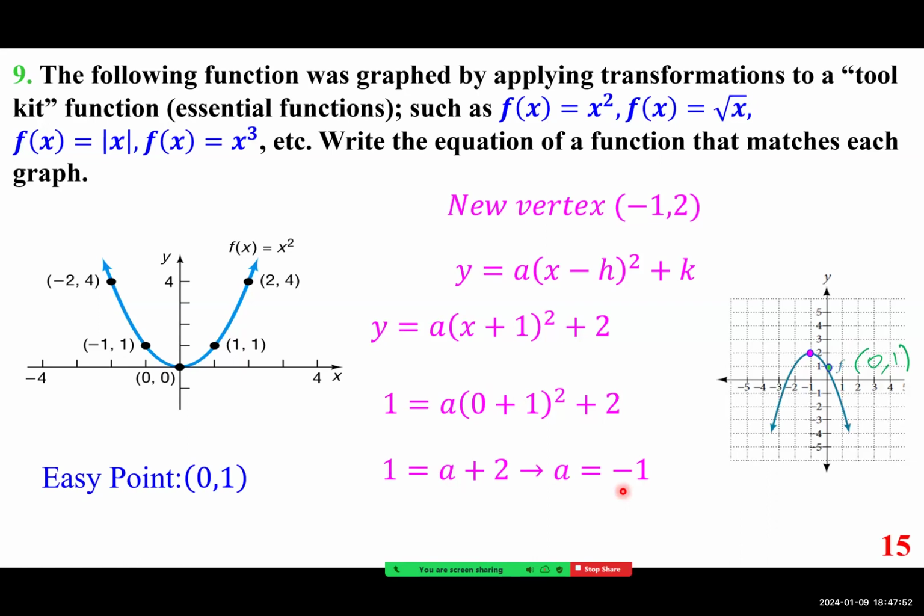So now replace the a, and it works. By the way, when you're done, if you want to check, pick some other easy points and check it. For example, this seems to be at 1, negative 2. You can try that.